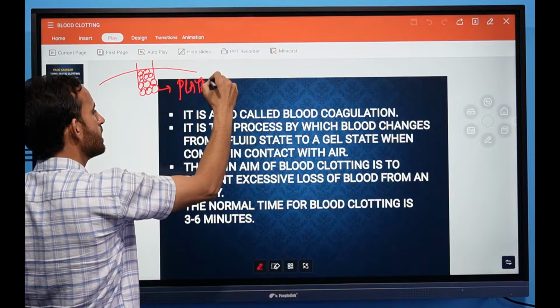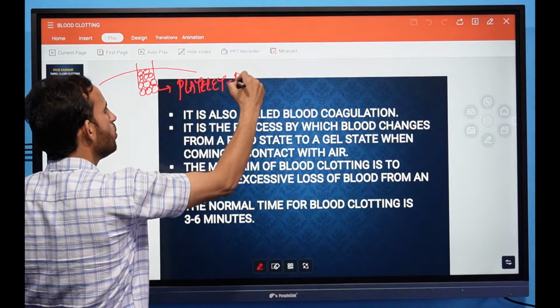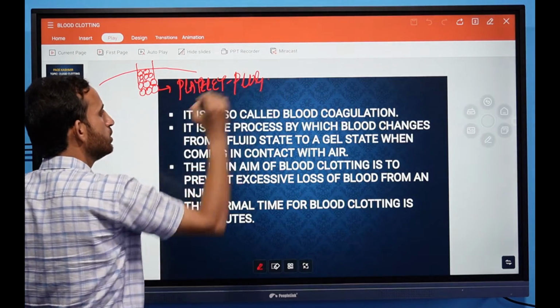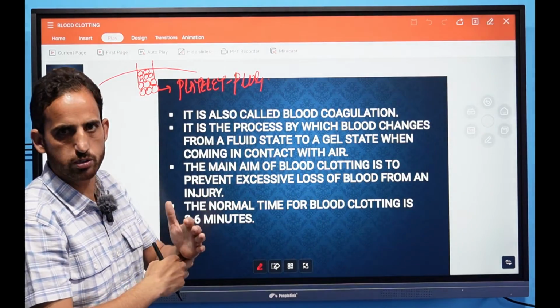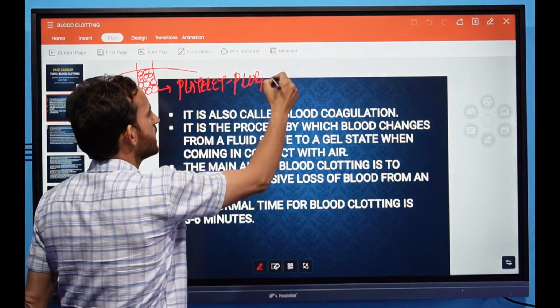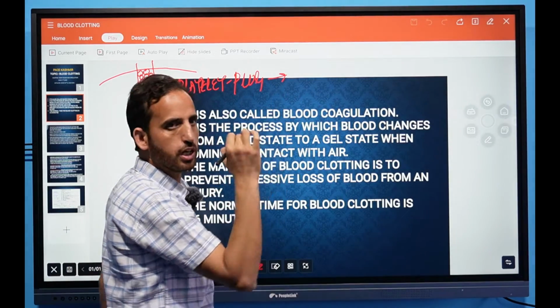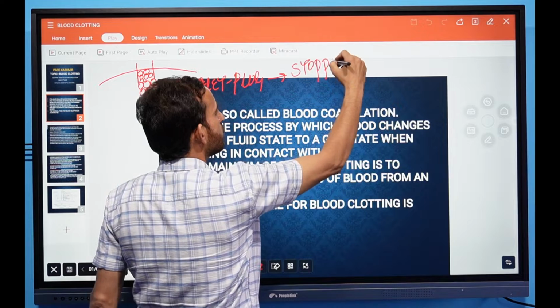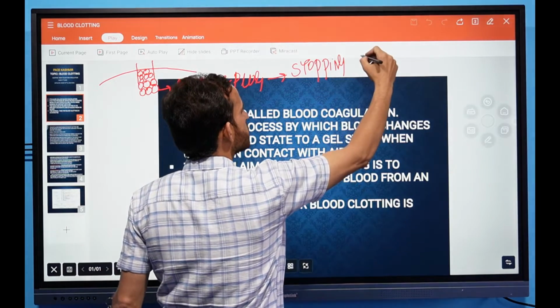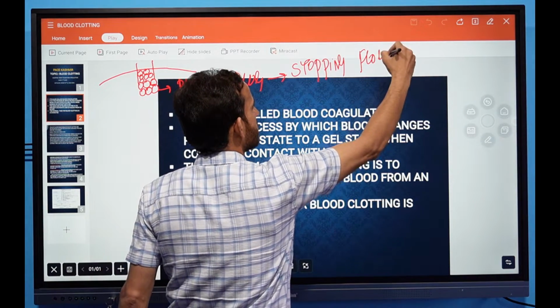This happens during the first stage when an injury occurs. This platelet plug is initially responsible for stopping the flow of blood.